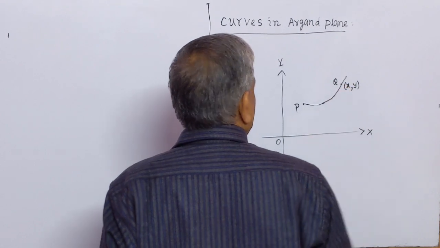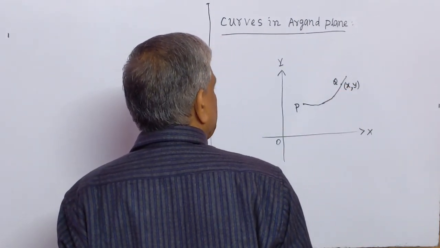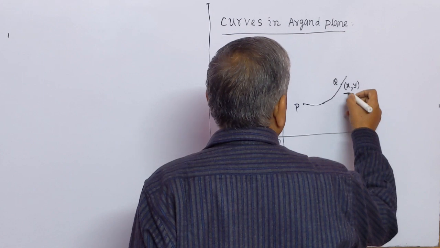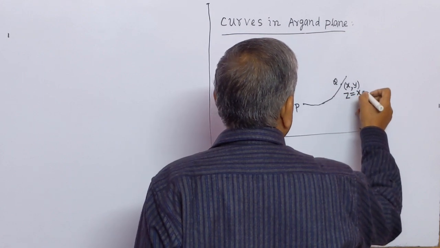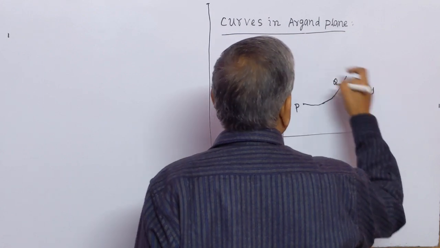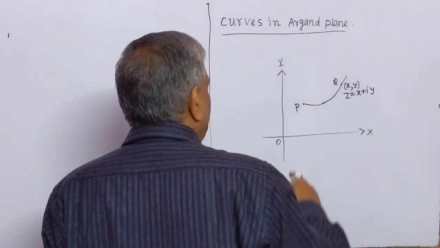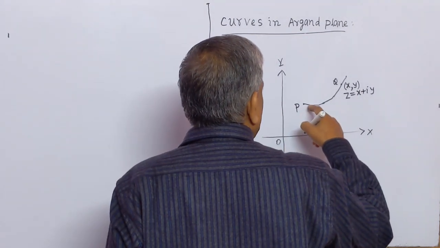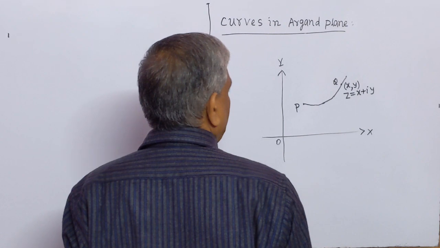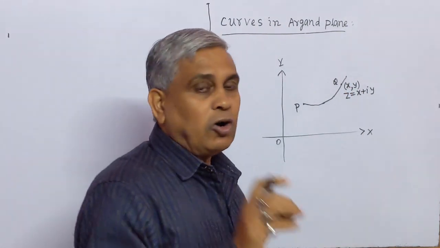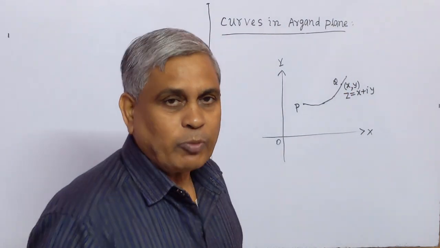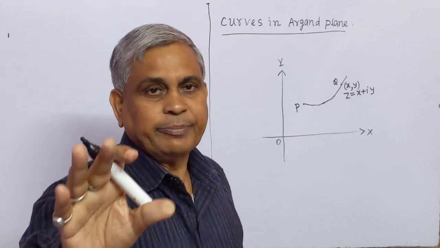This point may also be represented as z equal to x plus iy in terms of the Argand plane. As the point changes its position, the value of x and the value of y also change with time.